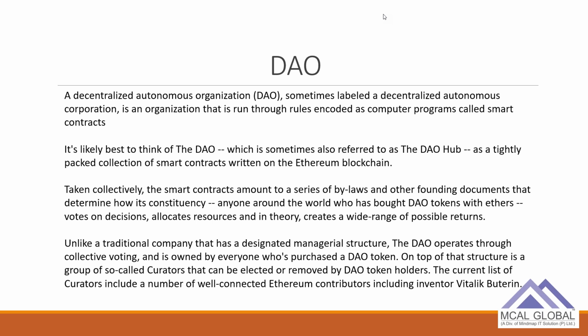Basically they are smart contracts, and they amount to a series of bylaws and other founding documents that determine its constituency and how much stake one owns. Anyone around the world who has bought the DAO tokens with ethers will vote on the decision. For example, tomorrow the company stock price has risen tremendously. You want to offer a bonus, dividends, or a stock split.